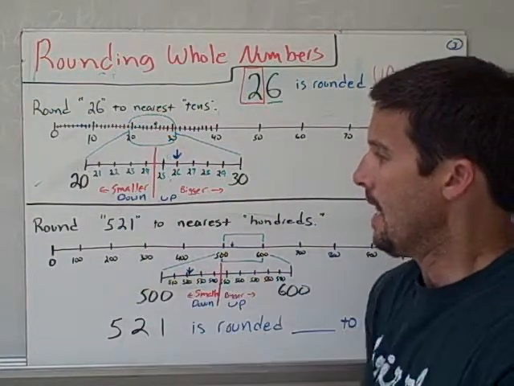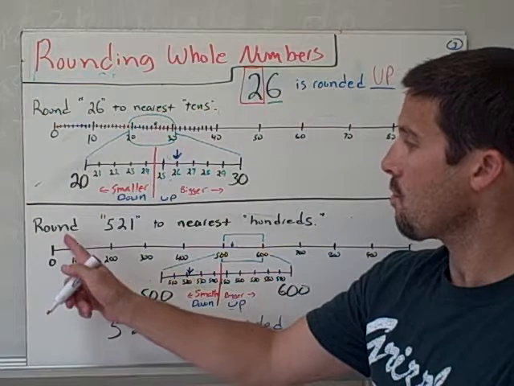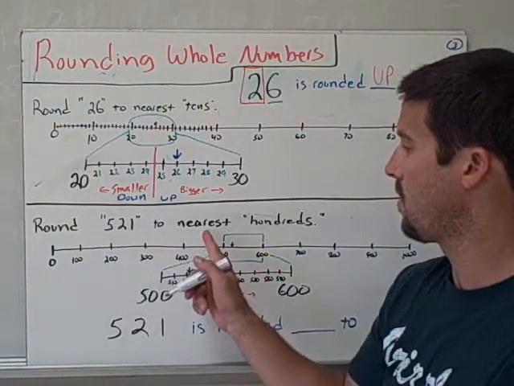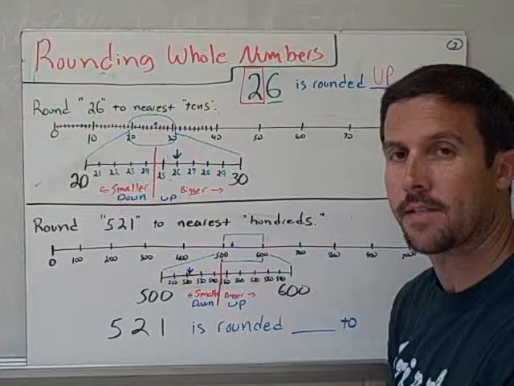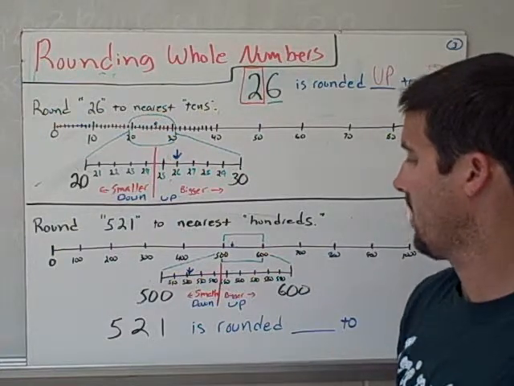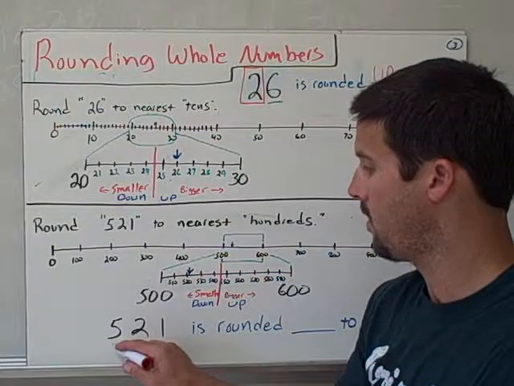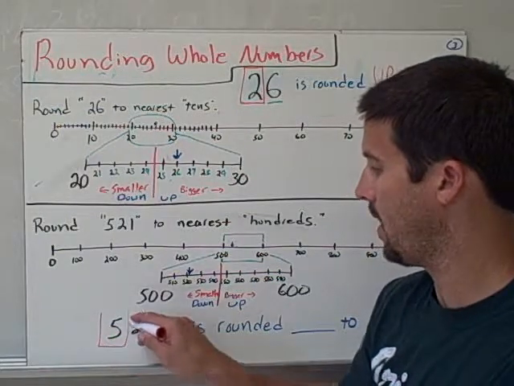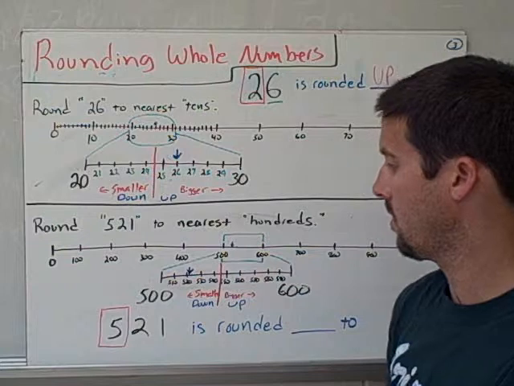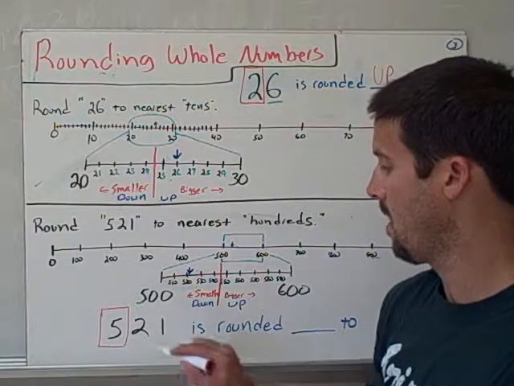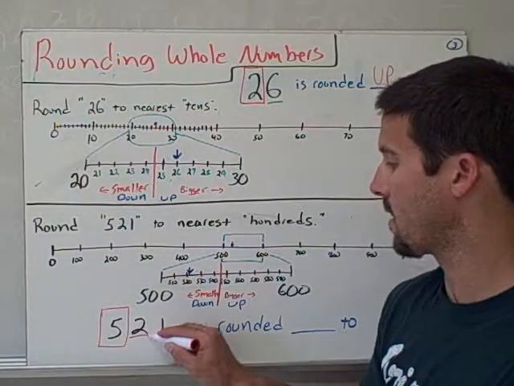Okay? Let's try another number. Round 521 to the nearest hundreds place. Well, first, I'm going to count ones, tens, hundreds. This is the number that we're going to be either changing or making stay the same, but we're going to look at the number right next to it.